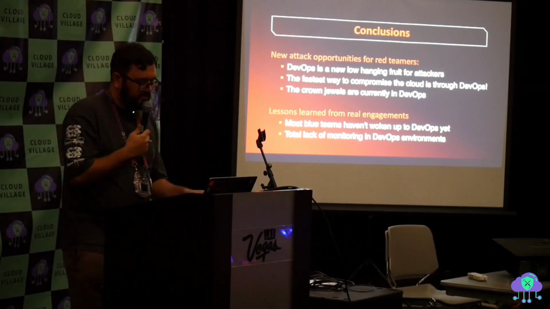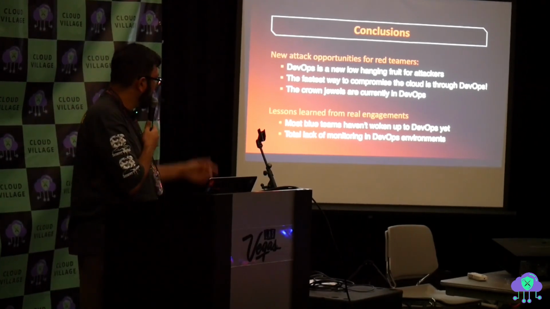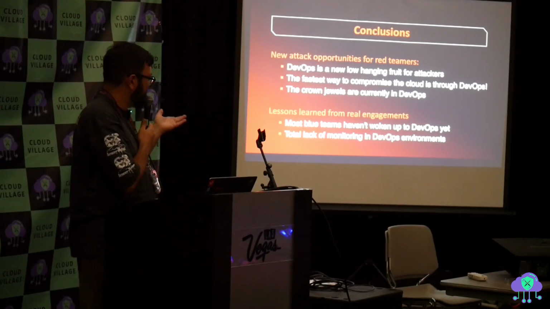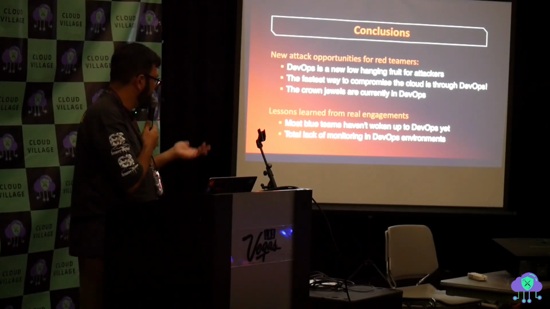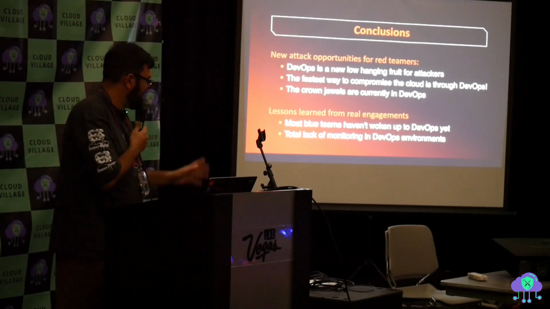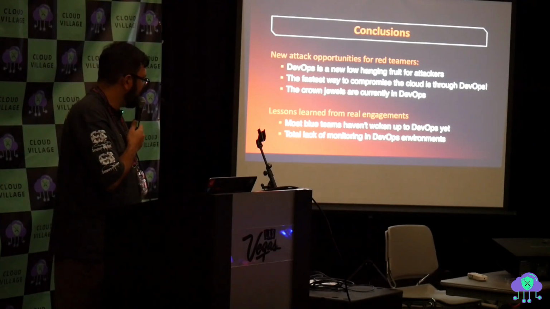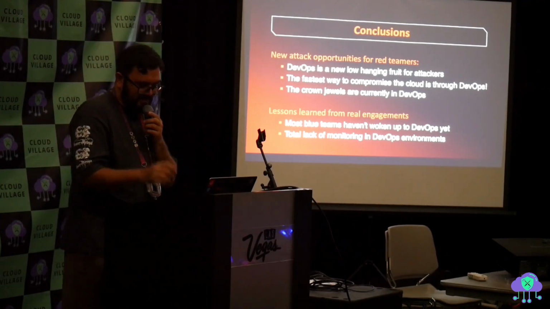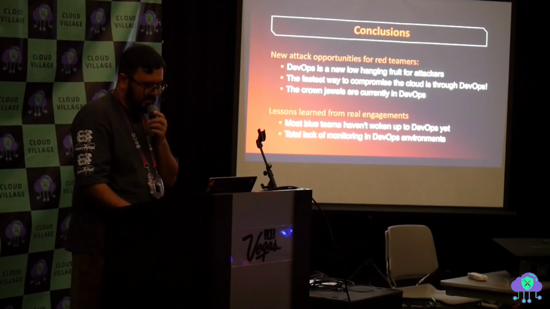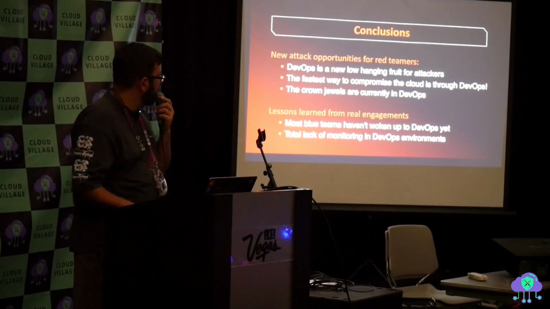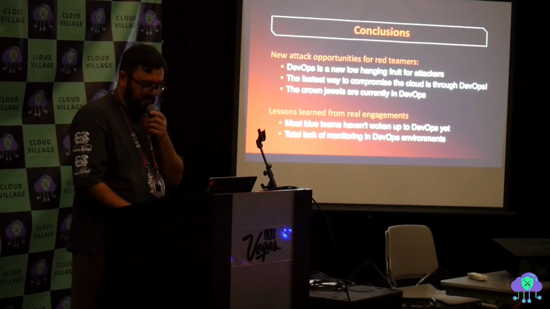There's a total lack of monitoring. So you can make a lot of noise and there's no one looking at this. So it's a great attack vector now for red teams.